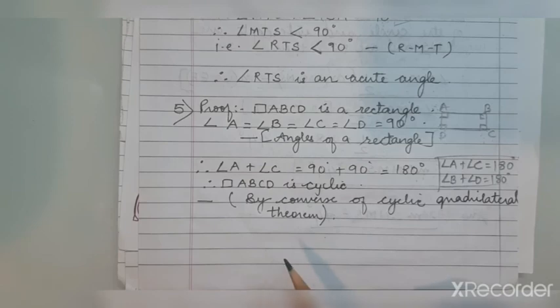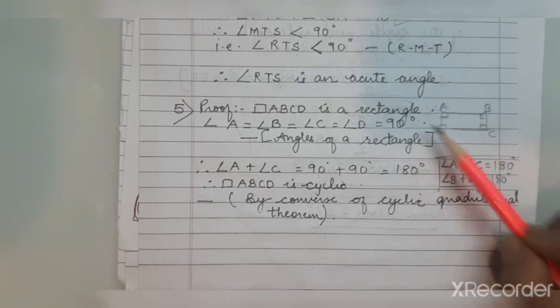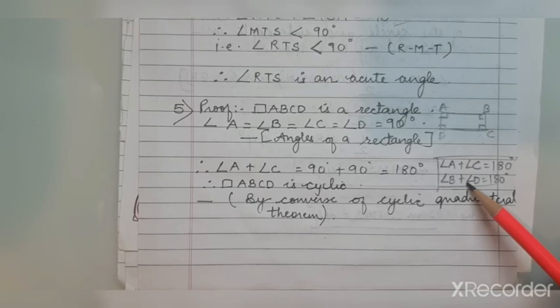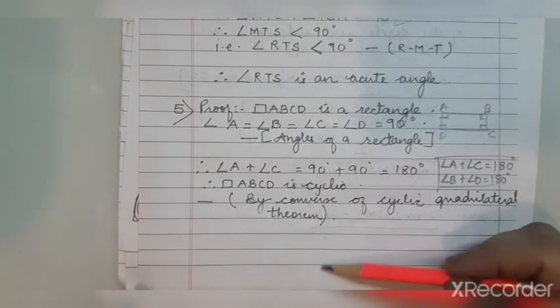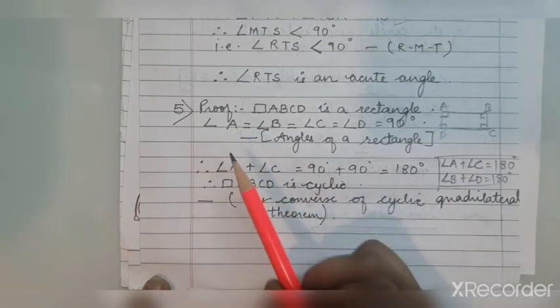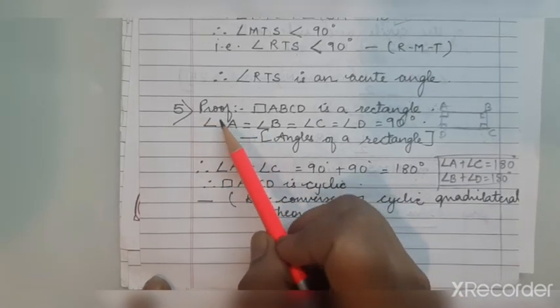So, by using the converse of the cyclic quadrilateral theorem, we will say since in a rectangle also the sum of the opposite angles is supplementary, the quadrilateral is cyclic. So, it's a short proof. We are writing proof because they have asked us to prove, and therefore we will begin with proof. We will not write solution.